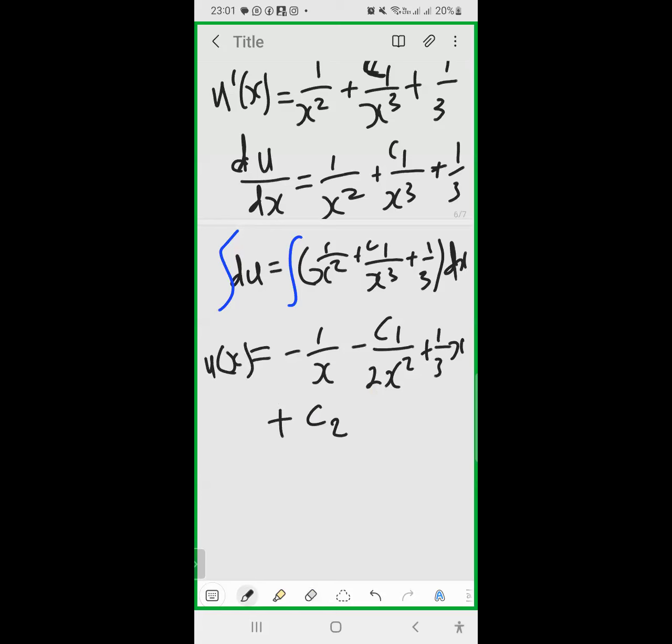Now we can continue and find the general solution. Remember, with the method of reduction of order, we firstly assume that our solution is in the form u of x multiplied by y1 of x, which was given to be x.